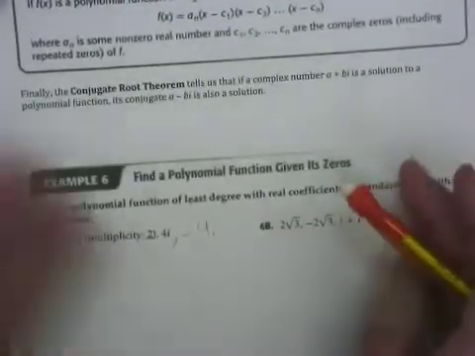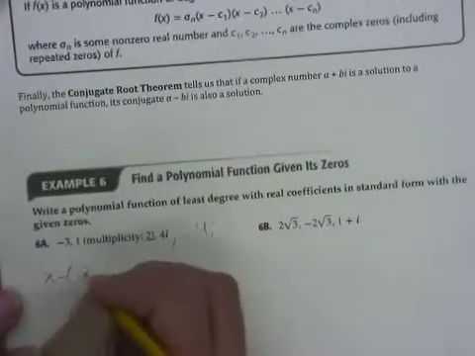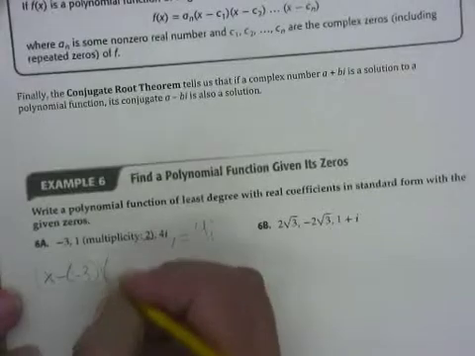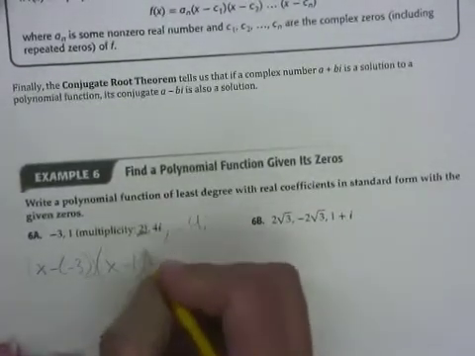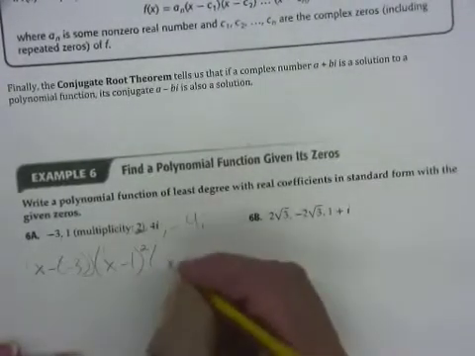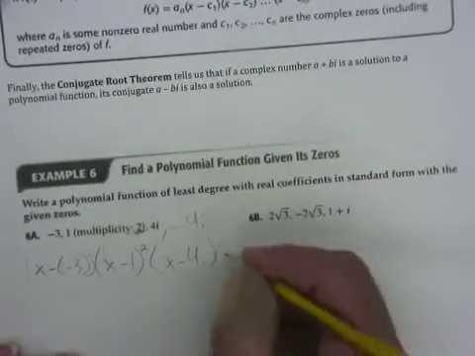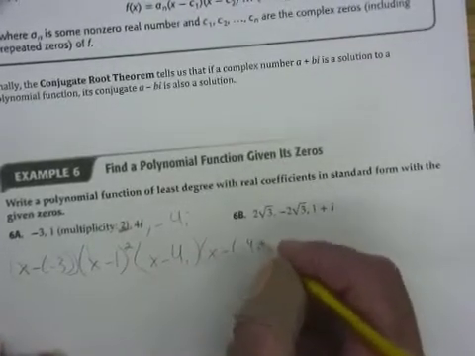And so we can now write this as x minus -3 times x minus 1 squared times x minus 4i times x minus -4i.